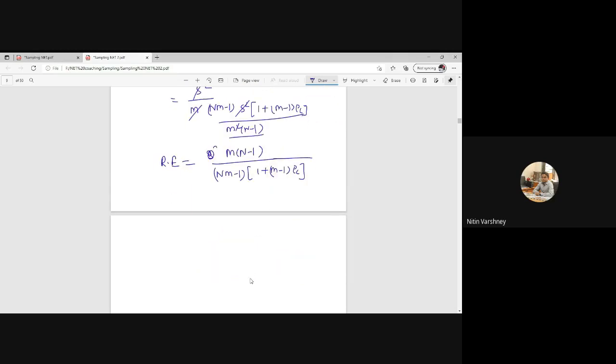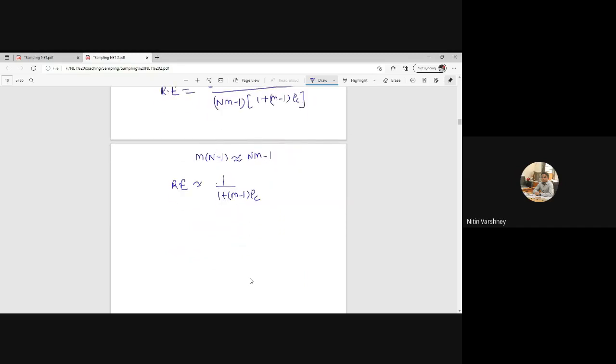Now we see that m(n minus 1) is just equal to nm minus 1. We take this as equivalent. So we can say relative efficiency is 1 upon (1 plus (m minus 1) rho c). Now if relative efficiency is greater than 1, it means cluster sampling is more efficient than simple random sampling.